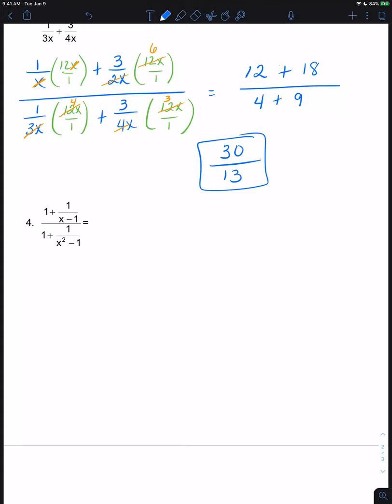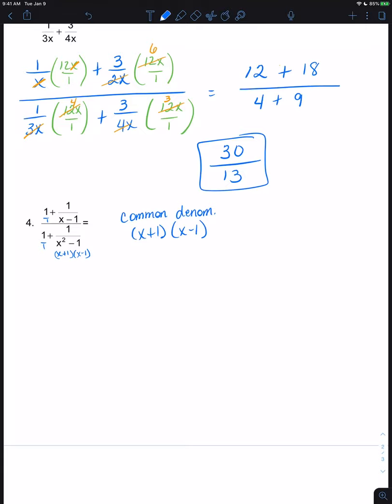Okay, so last example, our common denominator here. Remember, x squared minus 1 factors into x plus 1, x minus 1. These are all over 1, so that common denominator is your x plus 1, x minus 1. Okay, so every term is going to get multiplied by that x plus 1, x minus 1.